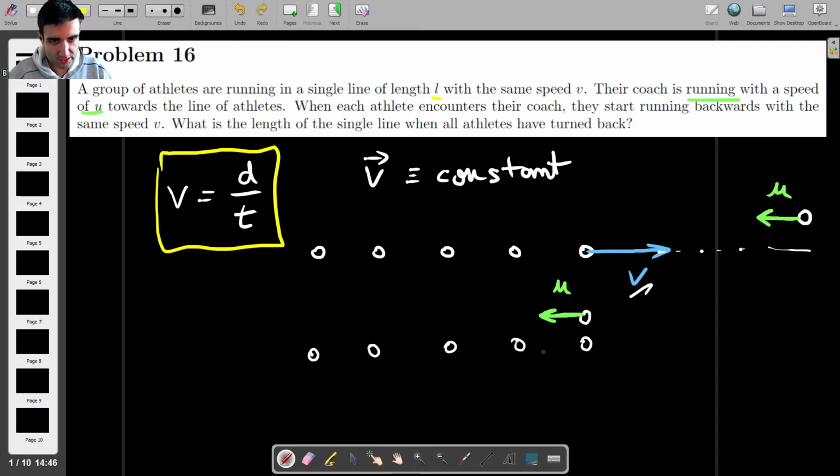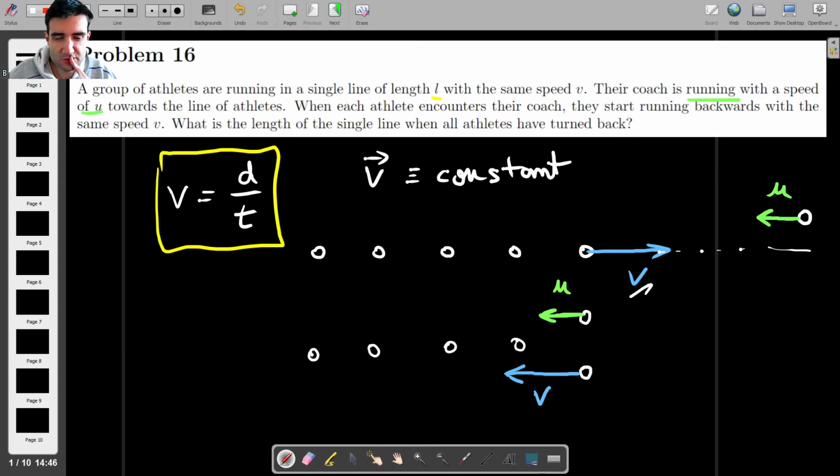But what I should make obvious is that when the athletes start running backwards, they're not going to collide with the other athletes behind them. So maybe they're going to be a bit to a side like this, and they're going to start running backwards with a velocity which is the same as v.